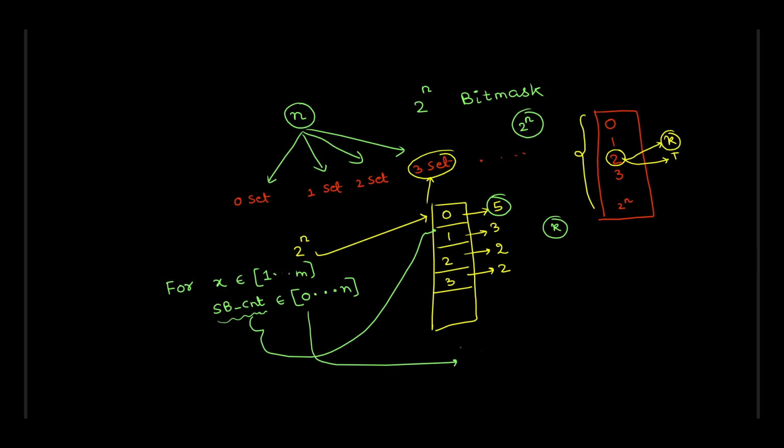So suppose that number is k. So there are k bit masks with set bit count as SBC, and in these k bit masks, let's define set bit count as SC. Okay, so there are a total of SC bits where you can place a 1.